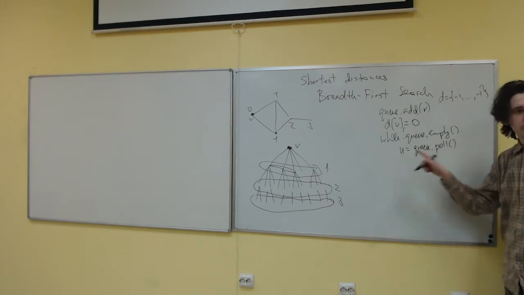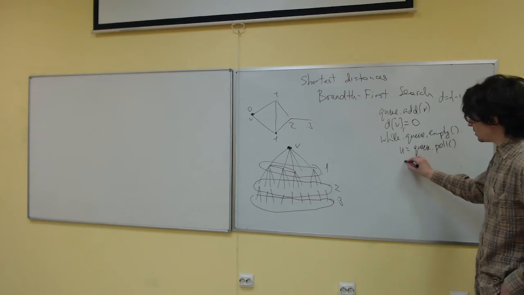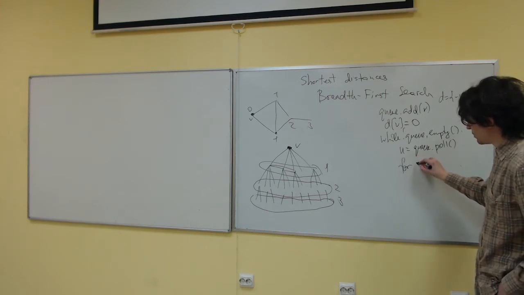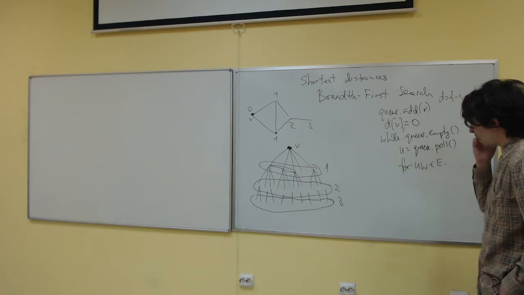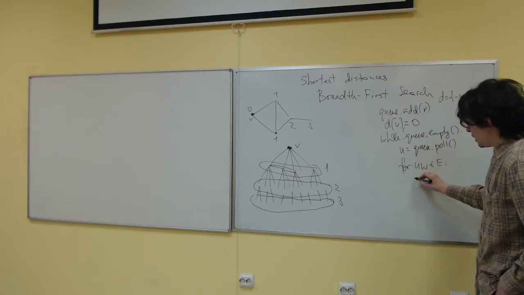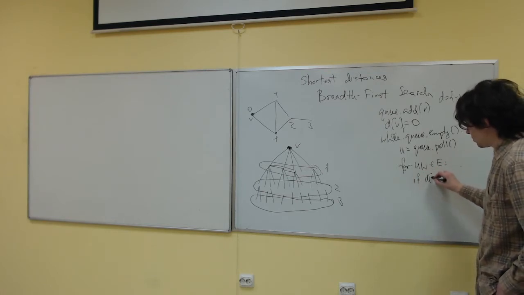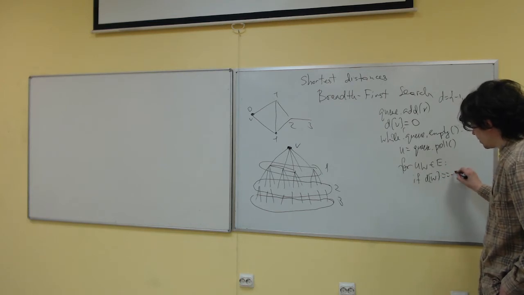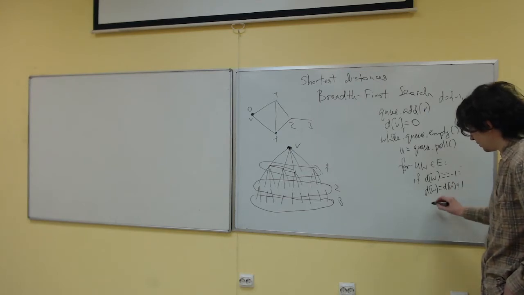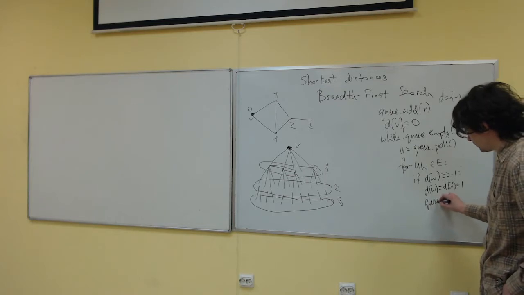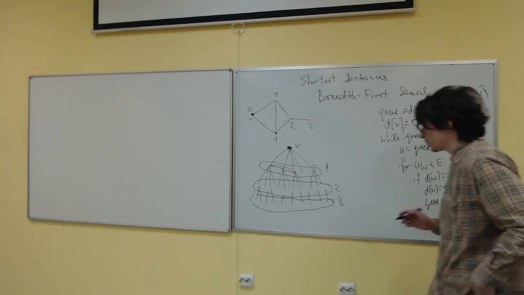So we take the first guy in the queue and iterate over all its neighbors. For uw in E, if d of w equals -1, then we say d of w equals d of u plus 1, and q dot add w.